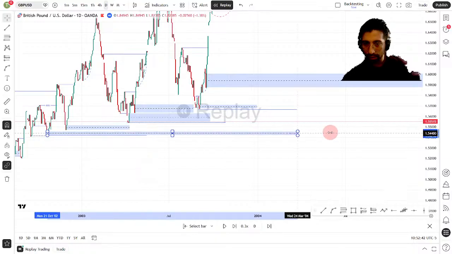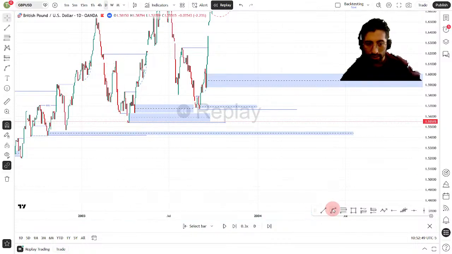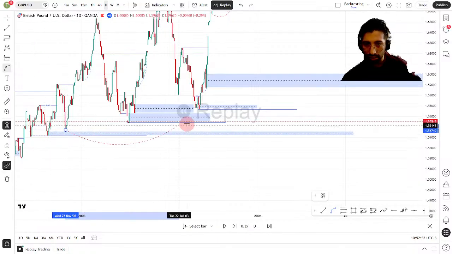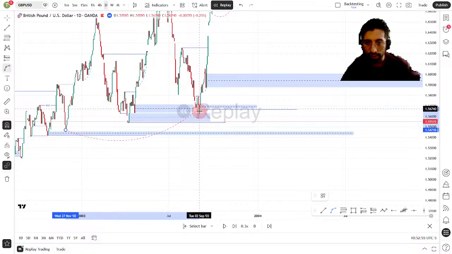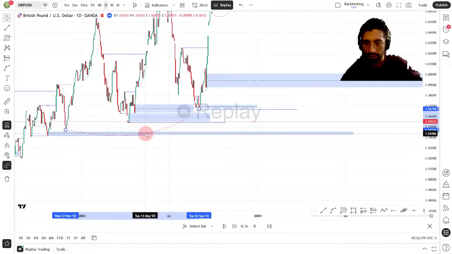Look, in this one, boom, in this order block. Why? Here is still a lot of liquidity. You see, look from this low, which did not enter the decisional, to this point here. So it's a lot of liquidity accumulated.